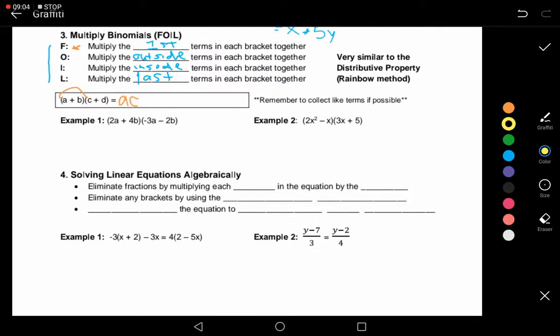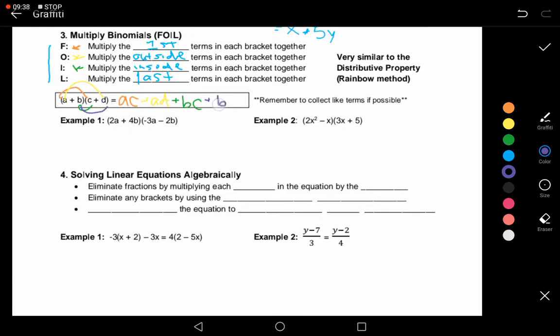So I'll do yellow. The outside means A times D, which is obviously AD. Okay, then we need to multiply the inside two terms, so that's B and C here in green. So plus BC. And lastly, we need to multiply whatever's basically left over here. So we have B times D.